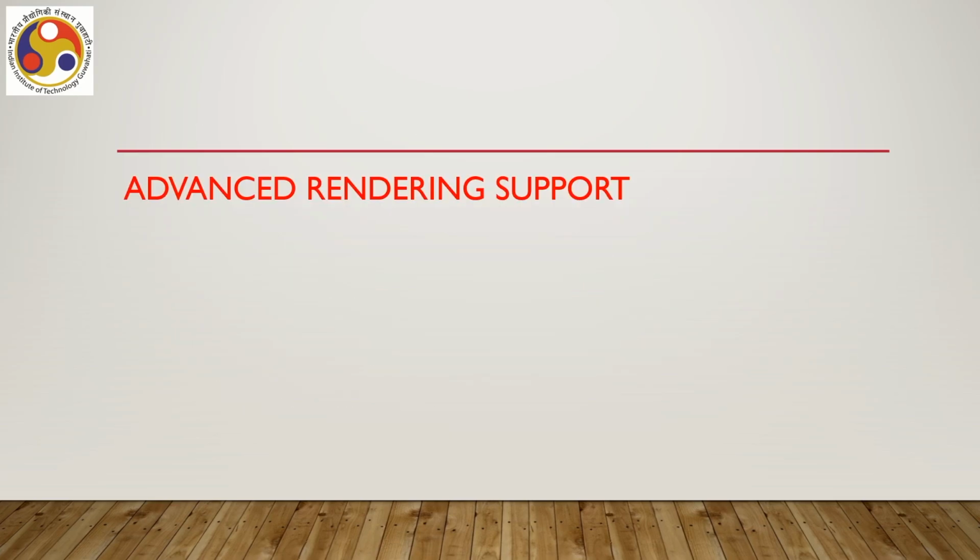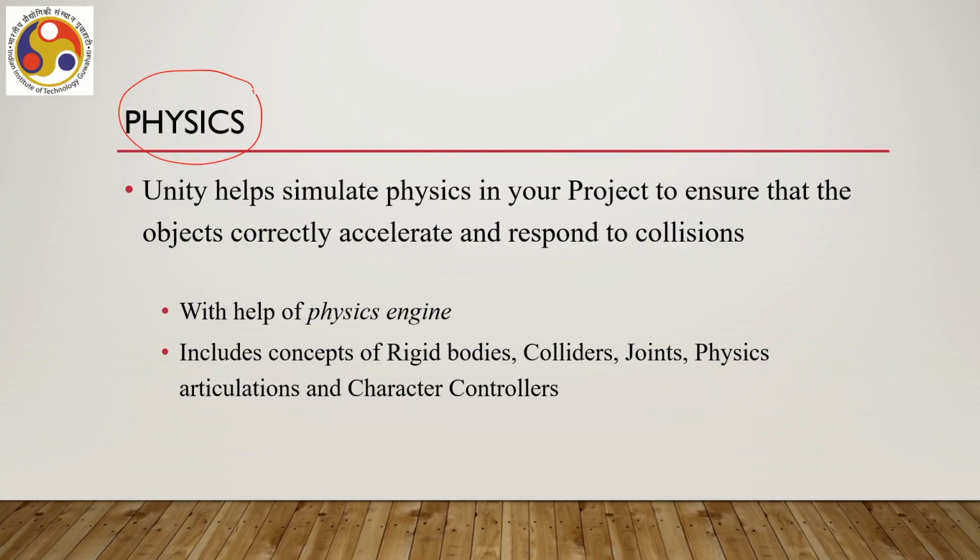Let us also talk about some advanced rendering support. We have not discussed these before, but let us see how Unity supports those advanced rendering features, which make the experience more realistic, more usable. First thing is physics. Unity helps to simulate physics in your project, to ensure that the objects correctly accelerate and respond to collision.